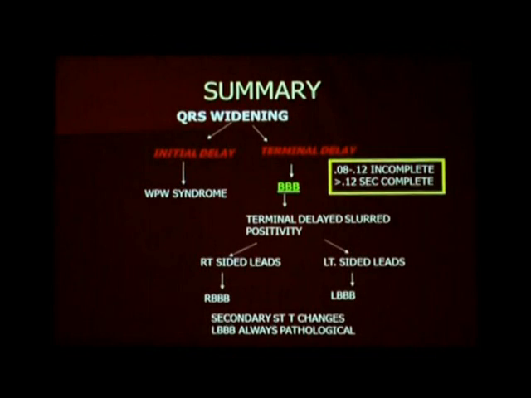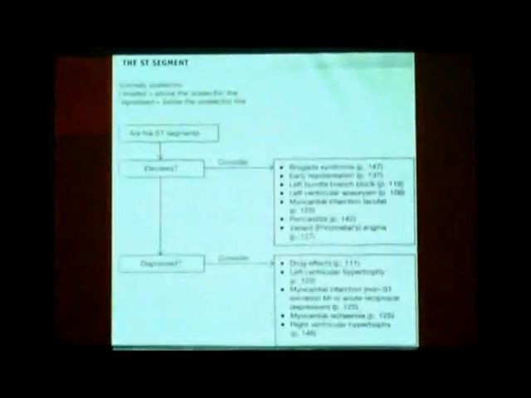Normally, depolarization travels from endocardium to epicardium, and repolarization travels from epicardium to endocardium. In bundle branch blocks and in ventricular hypertrophy, where depolarization is delayed, repolarization starts from endocardium to epicardium, resulting in a T wave change opposite to the QRS complex. So that is the summary of our bundle branch blocks.